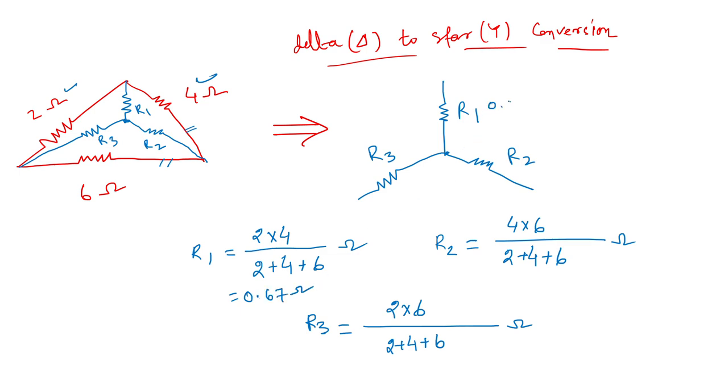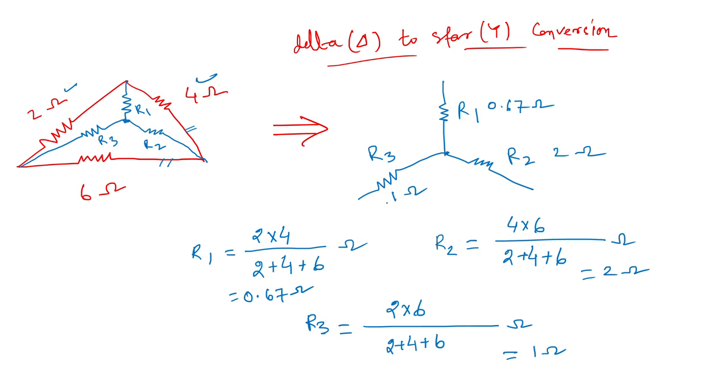That means R1 will be 0.67 ohm, R2 will be 2 ohm, so this will be 2 ohm, and this one will be 1 ohm.